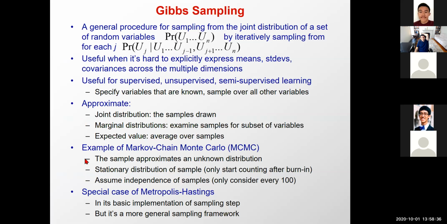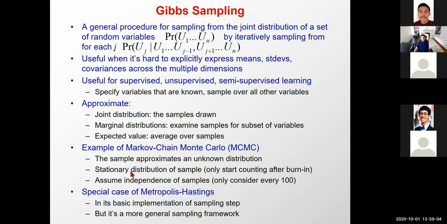And Gibbs sampling is an example of Markov chain Monte Carlo, where the sample approximates an unknown distribution, the stationary distribution of that sample, if you only start counting after burn-in, and if you also assume some independence of the samples. This can be achieved by only considering in your posterior probability estimation once every 100 samples to make sure that they're largely independent of each other.